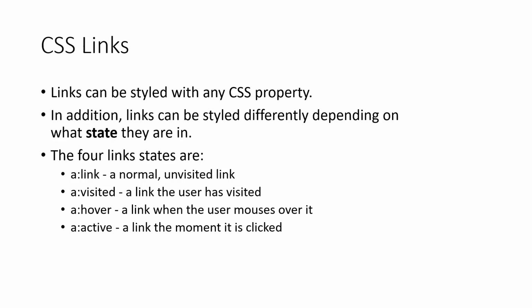When you have visited the link, we can use a:visited. When you move over the link, we call it hover. And when you click on that particular link, we say active. For all these, we can specify how things are represented. You can change the properties and so on.